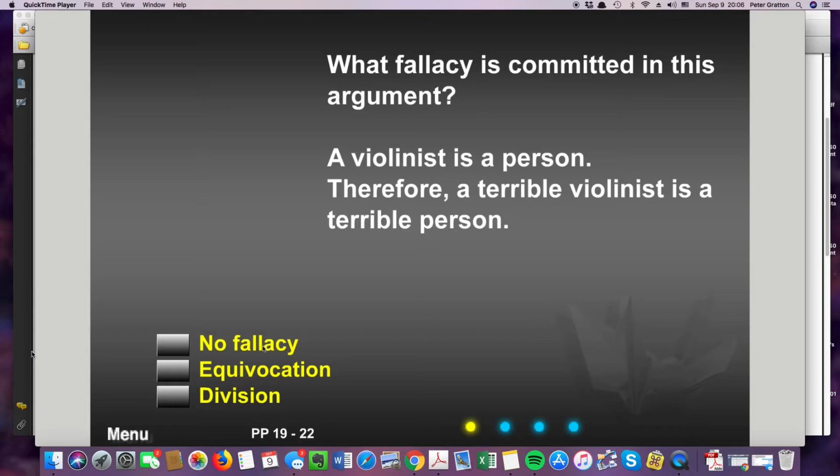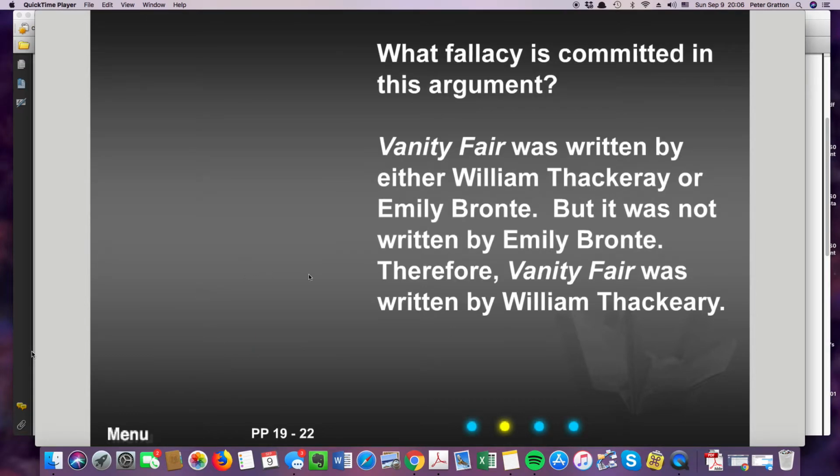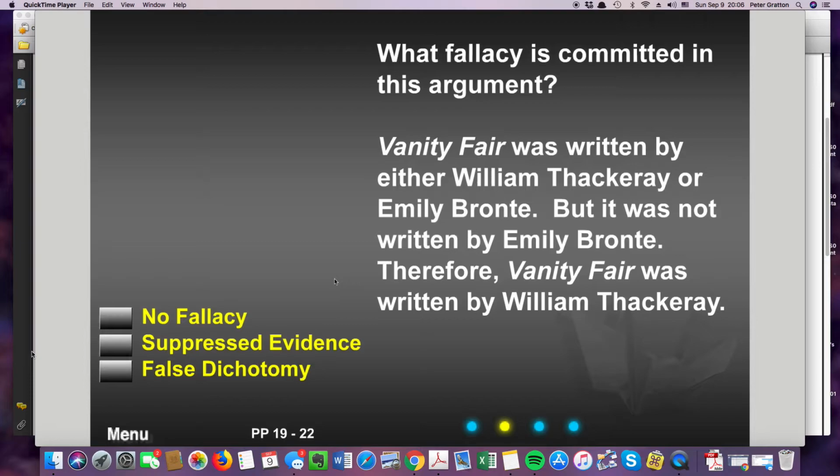So it's not no fallacy, and it's not division; we're not going from whole to the parts. We're doing equivocation. The word terrible is being used in two different ways, and it's one person making that argument, so that's why it's not amphiboly.